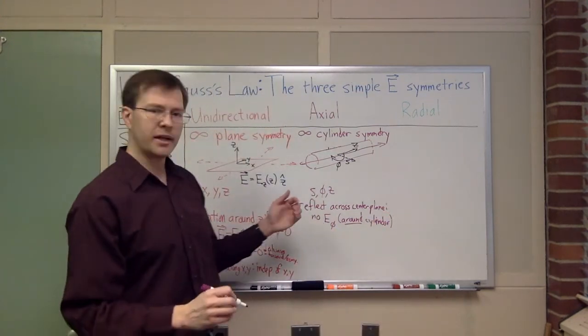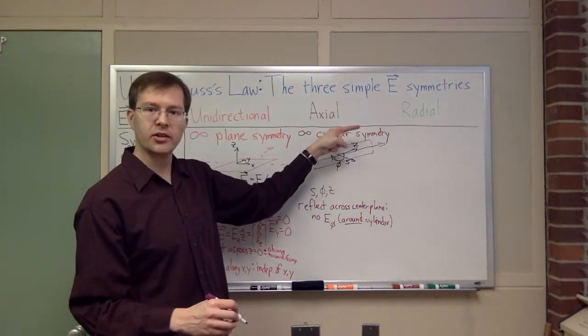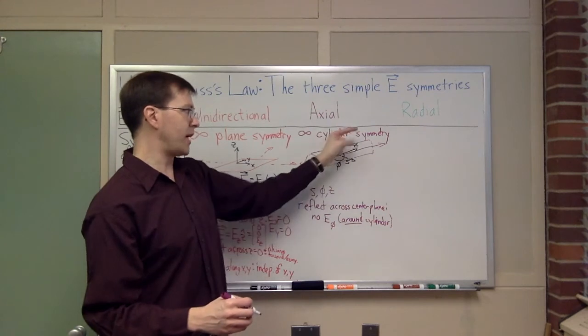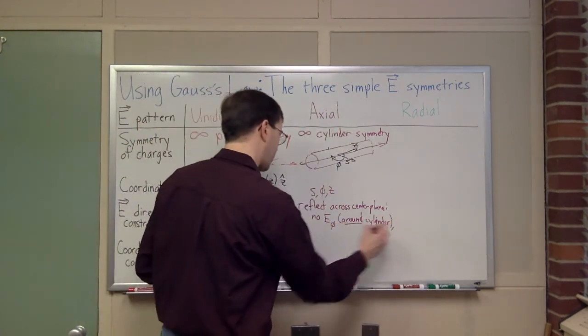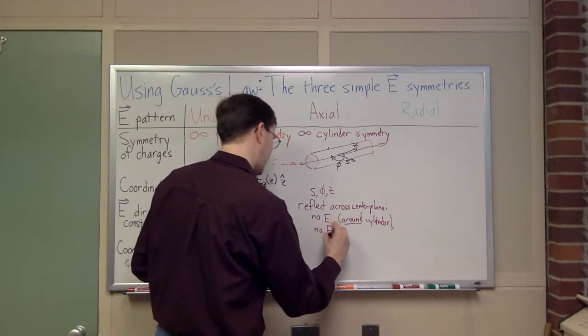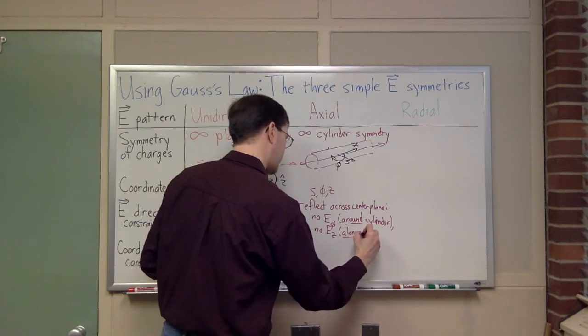And similarly, if I had an electric field going along the cylinder in the z direction, and I flipped the direction, it would flip the direction of that electric field. So also, no Ez, which would be along the cylinder.